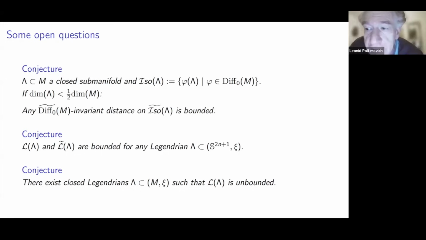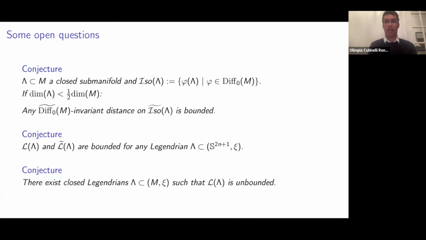Maybe I have a little comment about these metrics on diffeomorphisms. All is okay except dimension 2. Because in dimension 2, for a surface of genus 1 or higher, there is a highly non-trivial result by Bowden, Hensel, and Webb, which shows that there are non-unbounded distances.